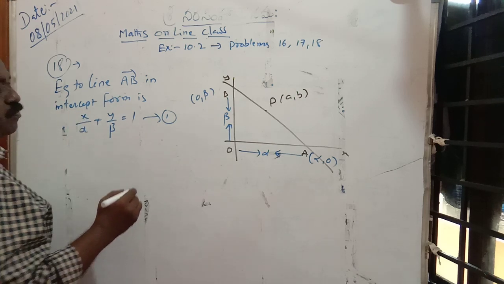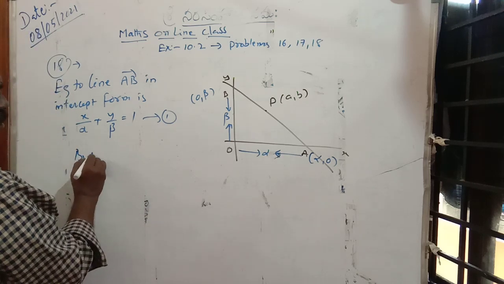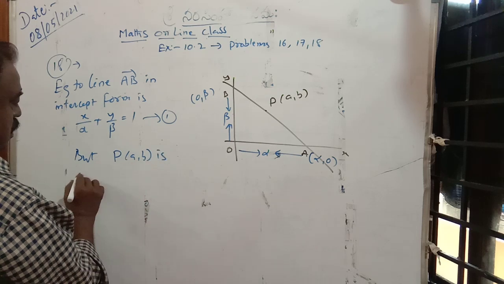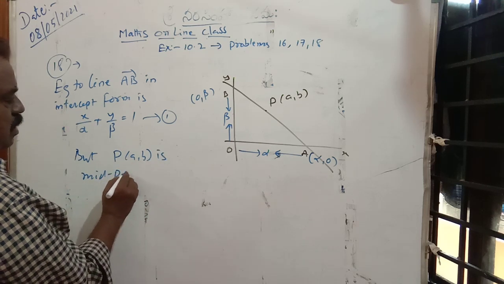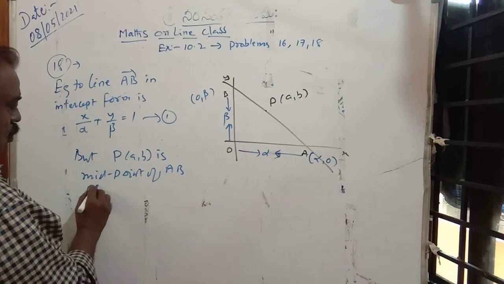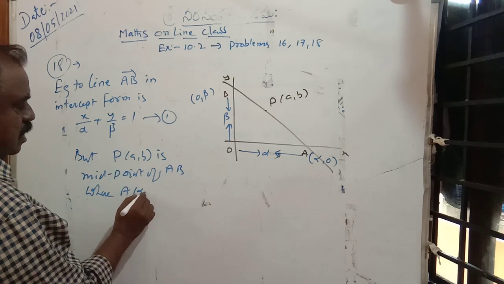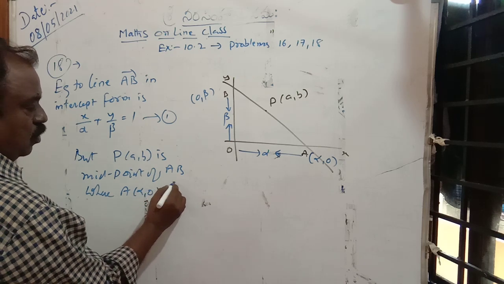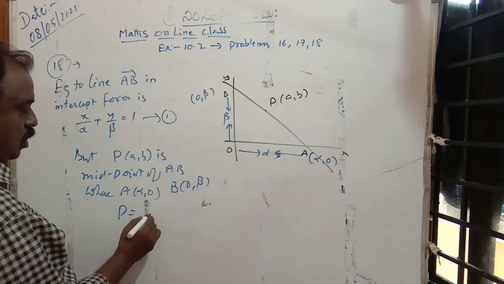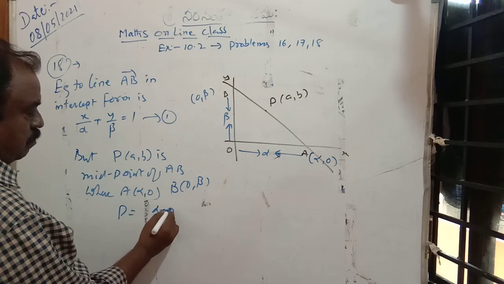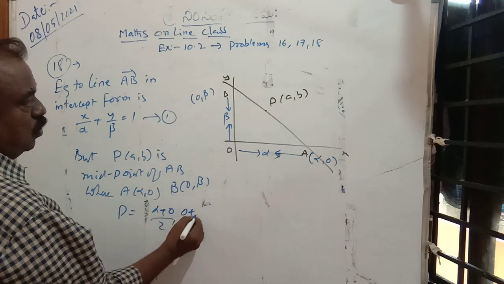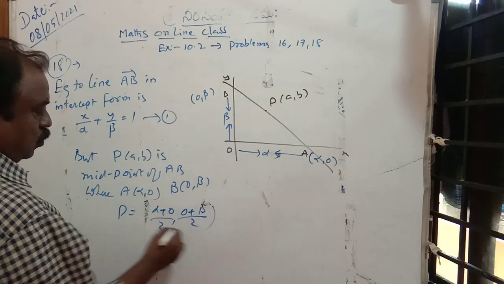But you see, P(a, b) is the midpoint of AB. Okay? Where capital A is alpha comma 0, capital B is 0 comma beta. Then P is equal to alpha plus 0 by 2, that is x1 plus x2 by 2, and 0 plus beta by 2.